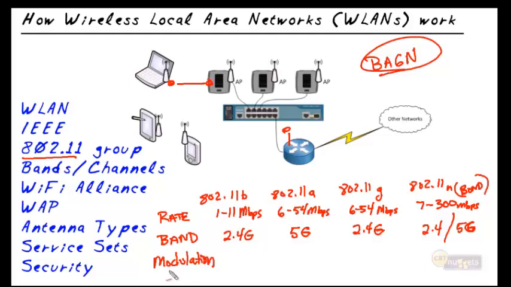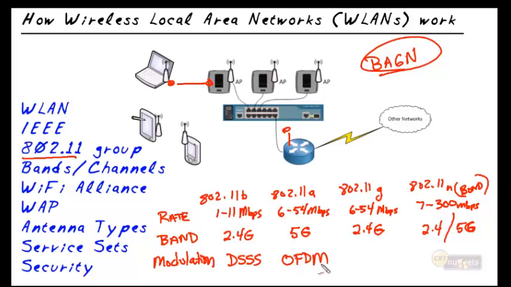And the modulation types, I'd also like you to jot down because I think they may come up for you. We have direct sequence spread spectrum for 802.11b. And you don't have to analyze the entire full name. You can just know that modulation uses DSSS. That'd be enough. And for 802.11a, it uses OFDM, orthogonal frequency division multiplexing.